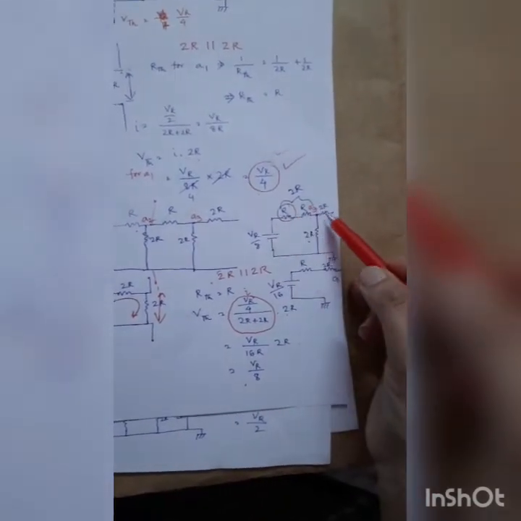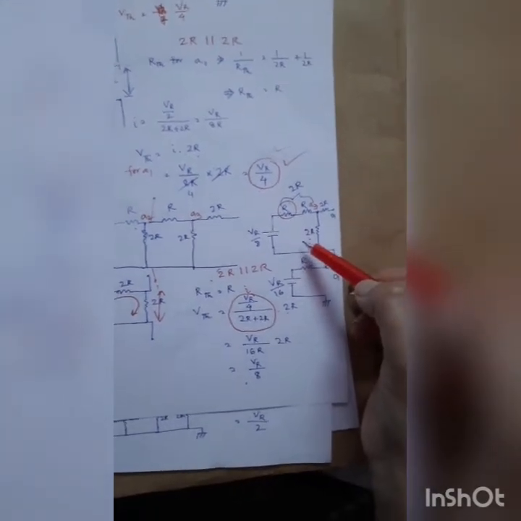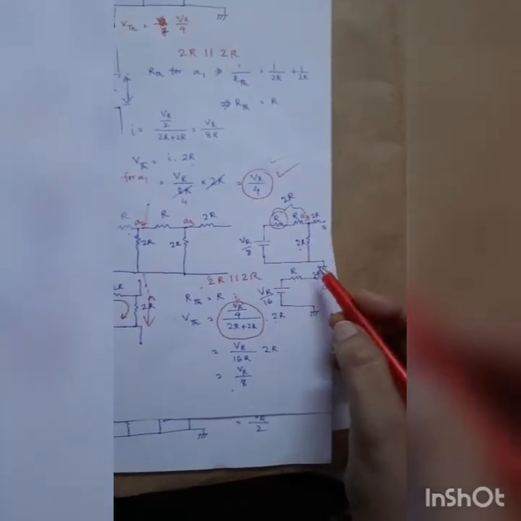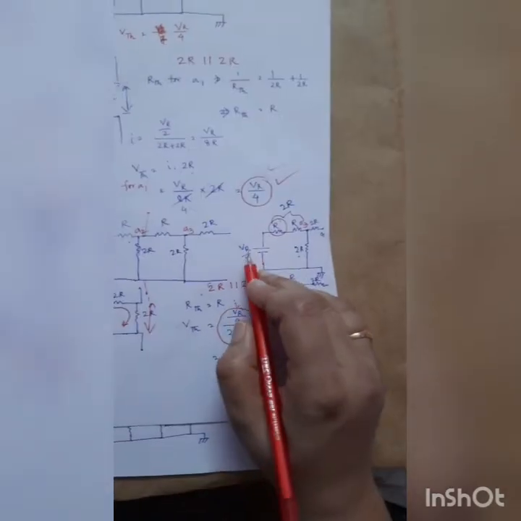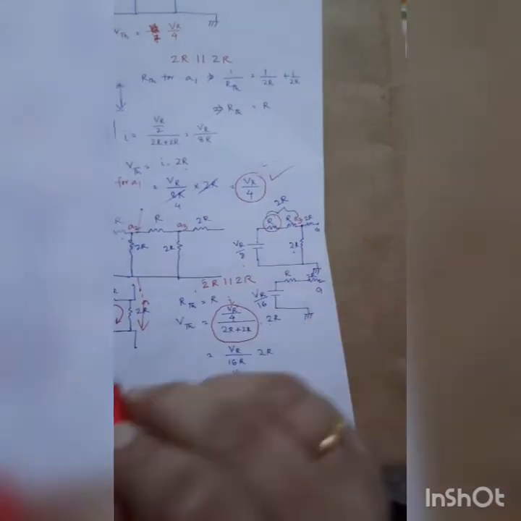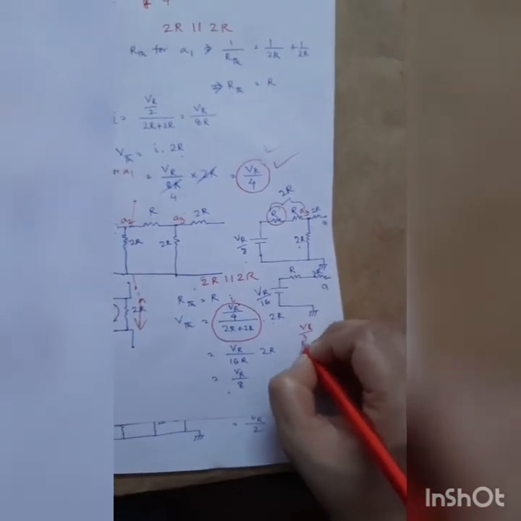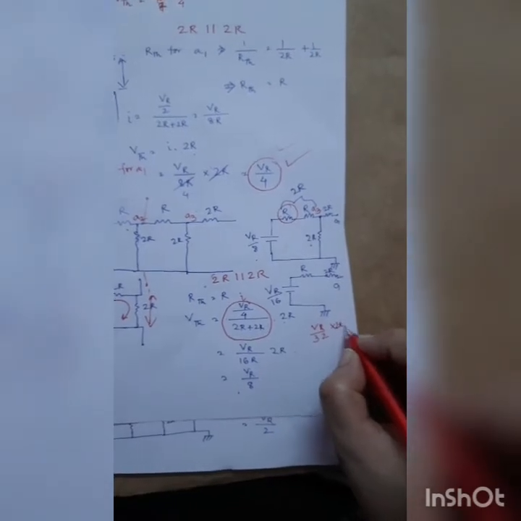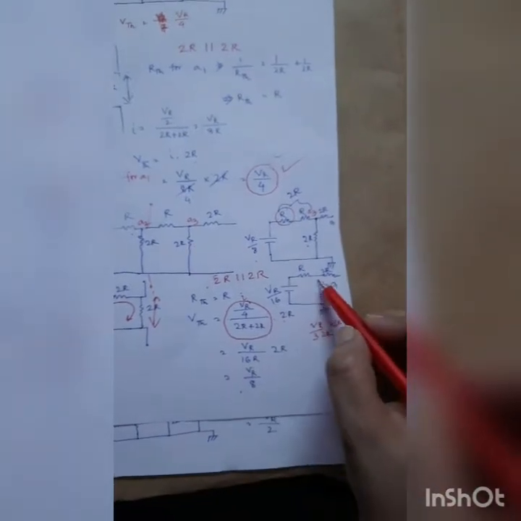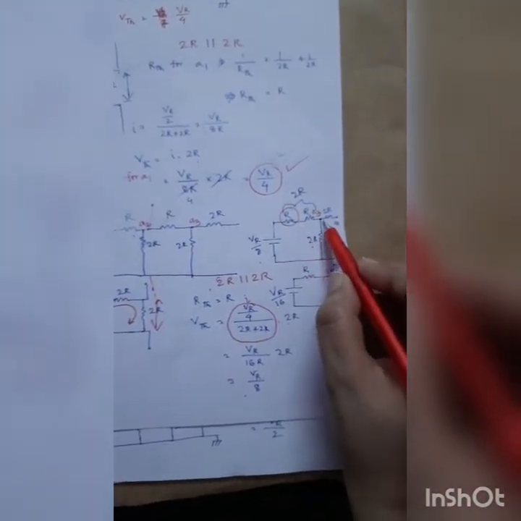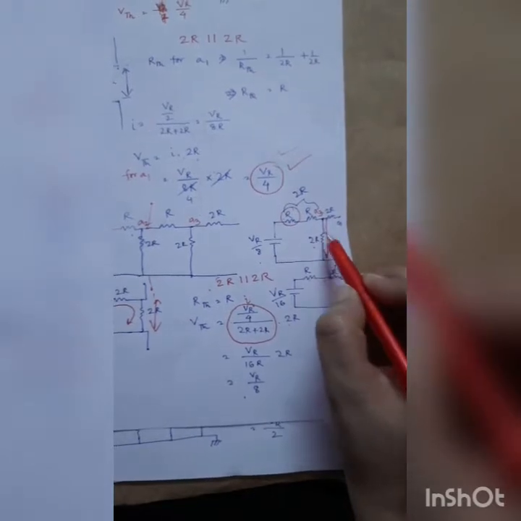So the equivalent resistance will be again R, and the current will be VR by 8 divided by 2R plus 2R, that is VR by 32R, into 2R for these 2 points.